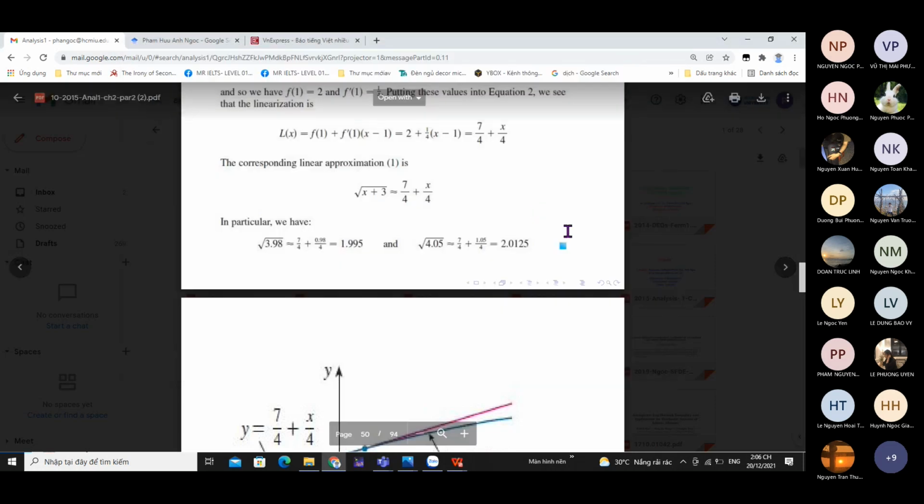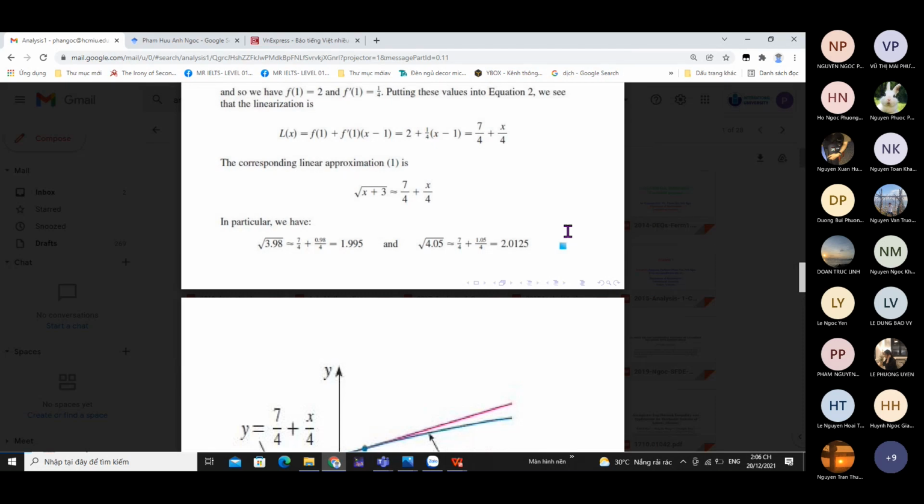And 0.98 here stands for x. And by the above approximation, square root of 3.98 is approximately 7 over 4 plus 0.98 over 4. Similarly, we get the second approximation.